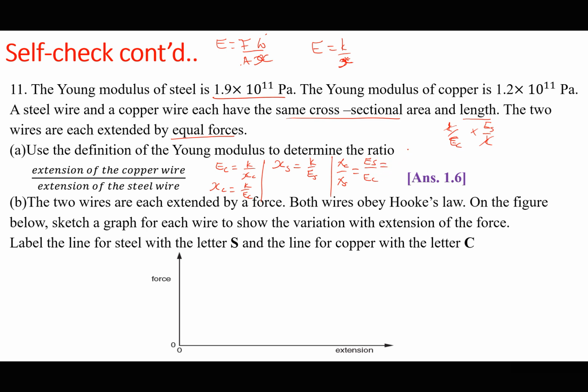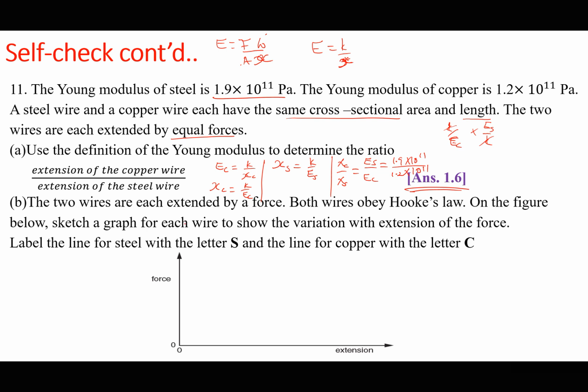So this is going to be the Young modulus of steel, which is 1.9 times 10 to the power of 11, over 1.2 times 10 to the power of 11. I think this is correct. 1.9 divided by 1.2, so that is 1.6.